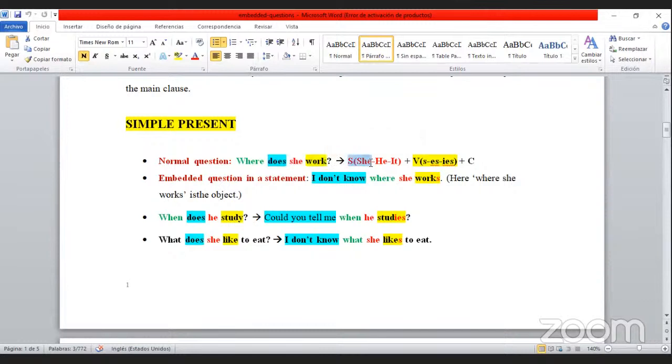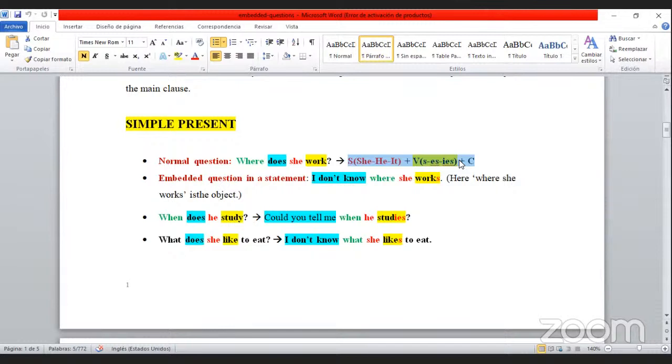It is first the subject, after the verb, but the verb with s, es, or ies, and after my complement, right? So if you can realize here, in present simple, we don't use the auxiliaries do and does in affirmative statements, right? We don't use it in affirmative sentences.